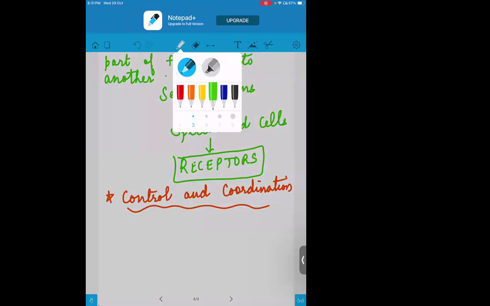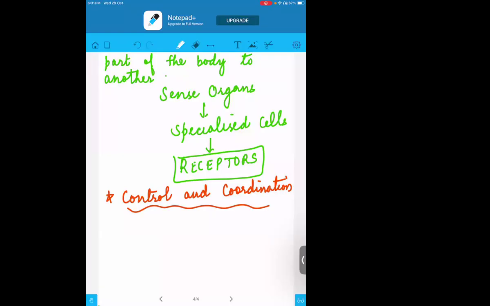Ultimately, the sense organs are there to accept the messages, to listen to the audios and to see the visuals. But after taking it into the body, there should be coordination done through the brain, which is a part of the nervous tissue.